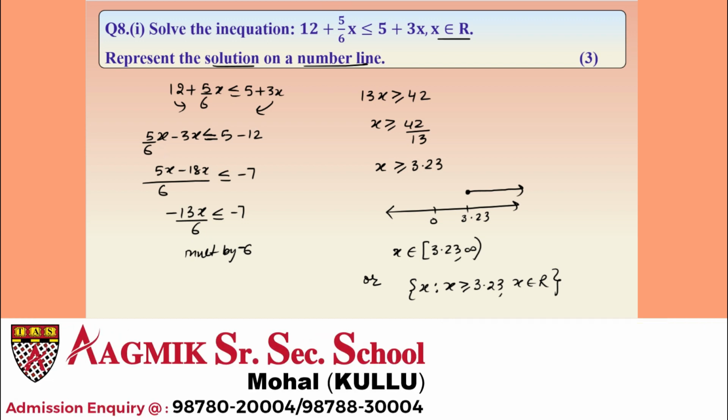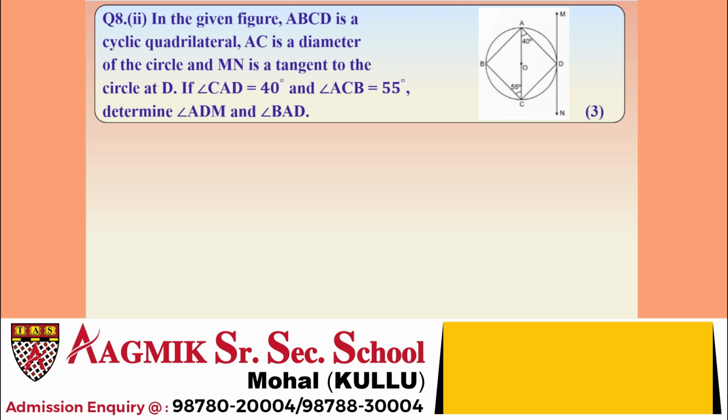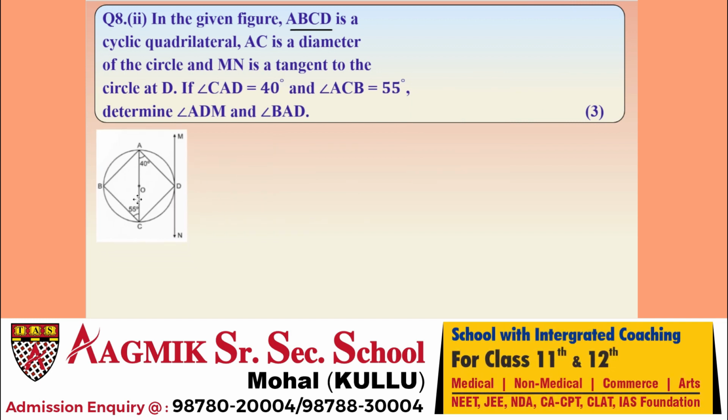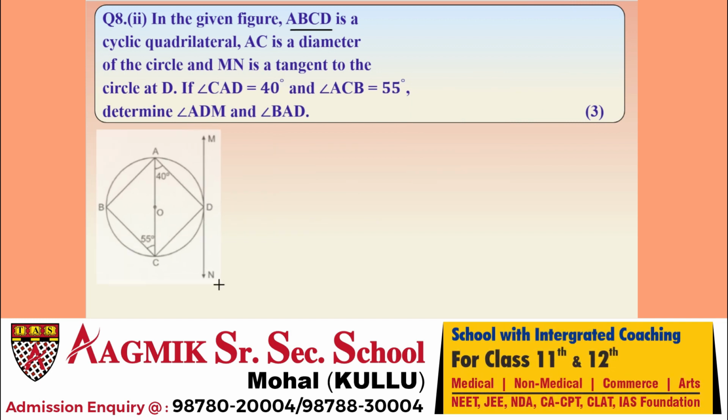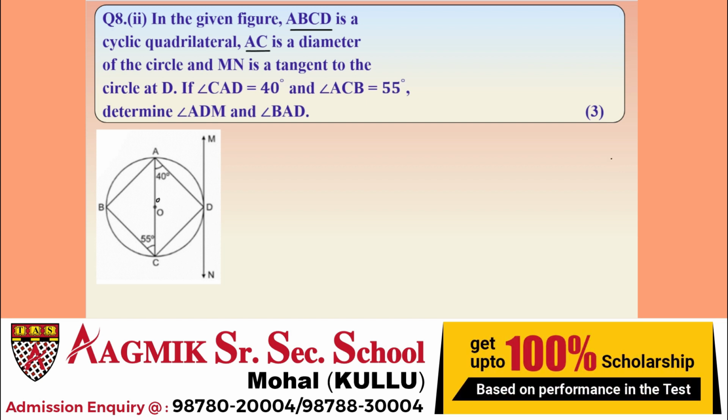Moving on, let's look at question number 8 part 2. In the given figure, ABCD is a cyclic quadrilateral. You can see this ABCD is a cyclic quadrilateral because all 4 points are lying on a circle. AC is given to be the diameter of the circle.